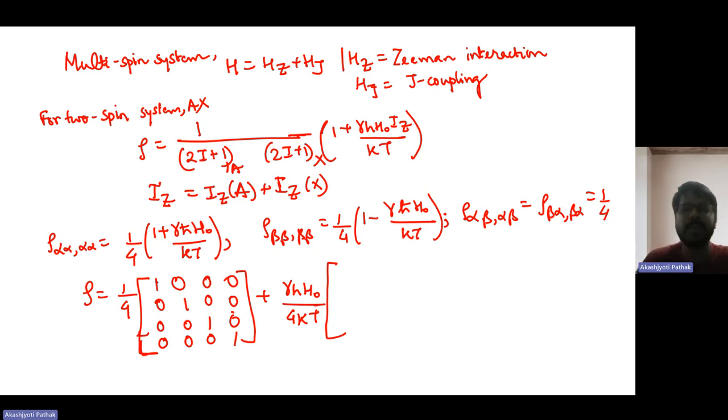So this is for a multi-spin system. We are writing the elements of the density operator for a multi-spin system.